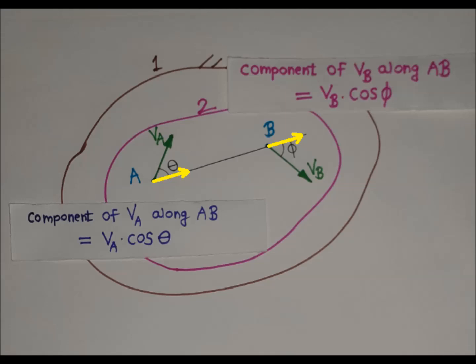But it is not possible because planar body 2 is a rigid body. Hence, there is only one possibility: VA cos theta and VB cos phi should be equal. Then and only then will the distance between A and B remain the same.